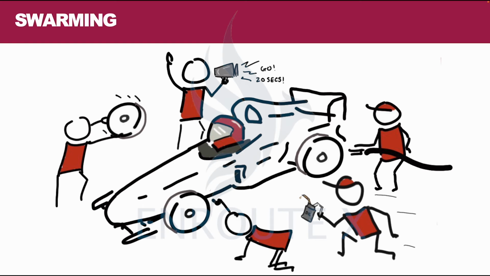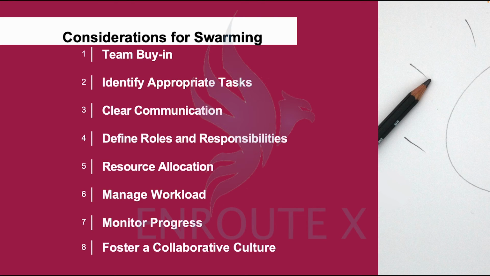So let's now quickly see some of the considerations for swarming. One, there must be team buy-in. When a Scrum Master is introducing swarming, the team must buy into it. There are some individuals you would meet on the job who literally work alone.